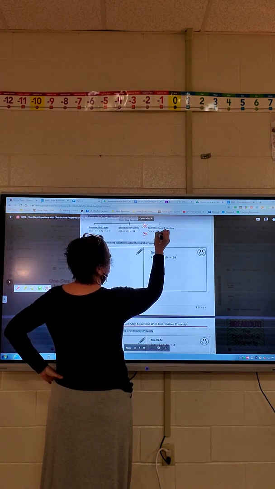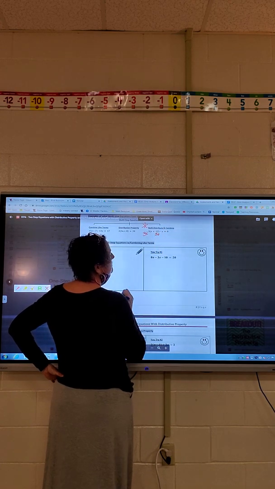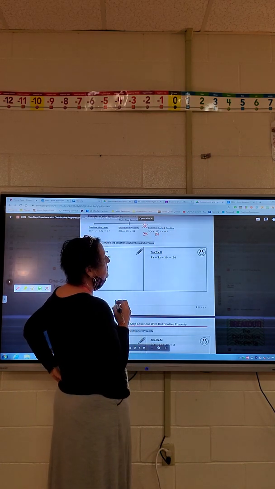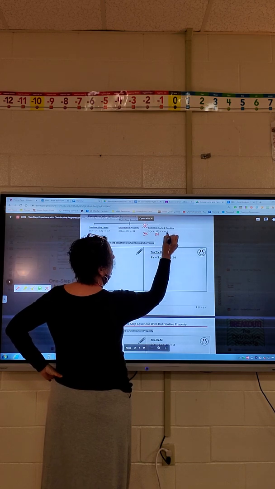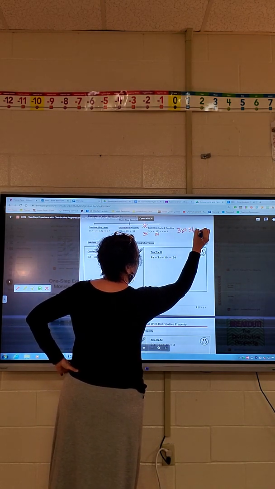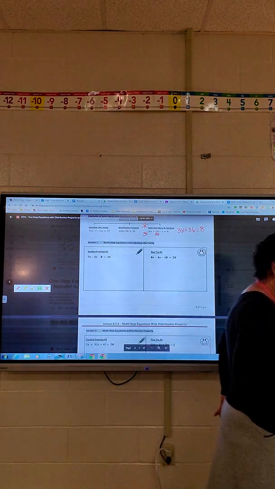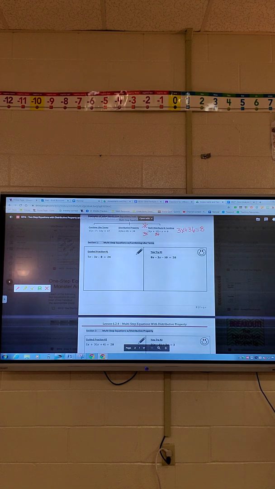This is 3x. This is 36. 3 times 12 is 36. So what we have here is 3x plus 36 equals 8. Okay? If you look at your paper, this is right here. Find my mistake.